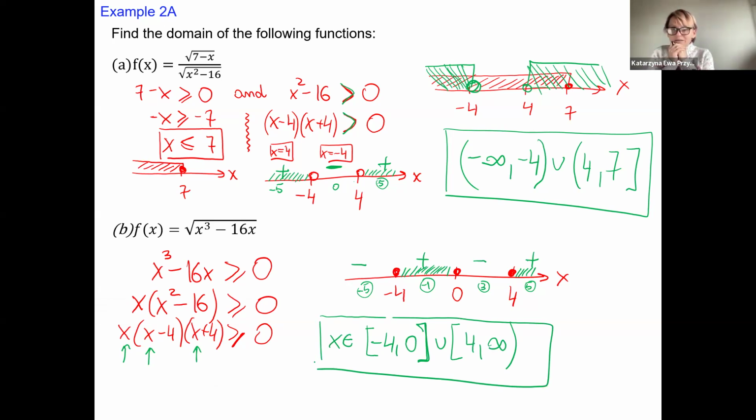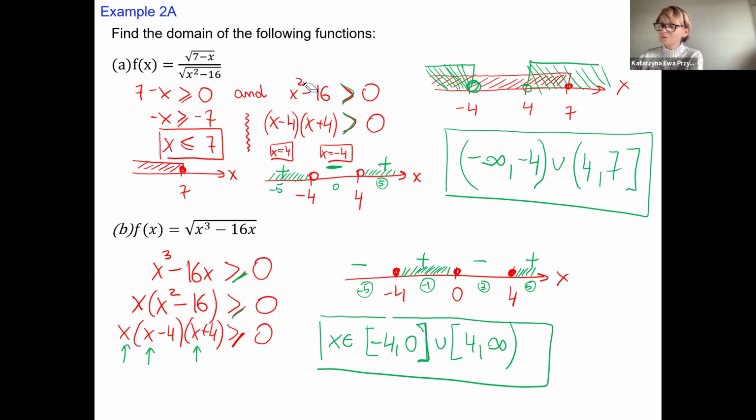And not just greater than 0, because greater than or equal to 0 means that I can accept 0. Square root of 0 is 0. Makes sense? I can have 7, for instance, because 7 minus 7 is 0, and square root of 0 is 0.